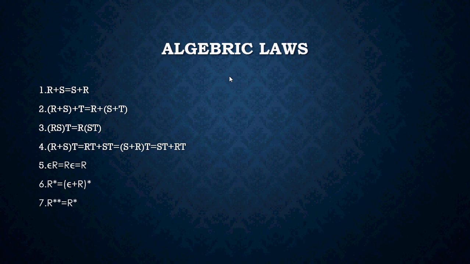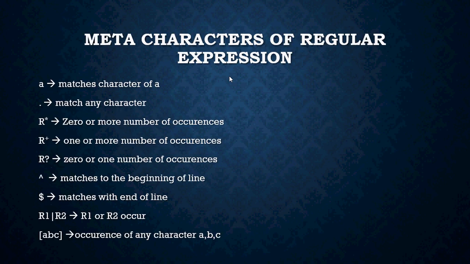Now the meta characters of regular expressions. When you write A, it matches the character A. When you put a dot, it matches any single character inside a string. R star means 0 or more number of occurrences. R plus means 1 or more number of occurrences.